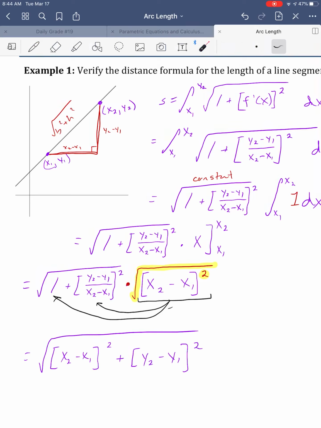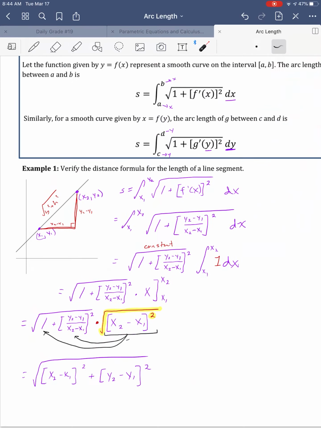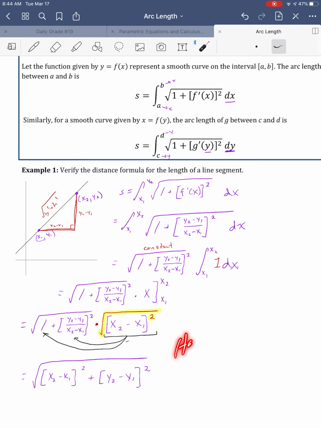So the next thing I did is distribute x2 minus x1 squared to both terms of this binomial. 1 times that product is just plain old x2 minus x1 quantity squared. And then when I multiply it here, the denominator goes away, and I'm left with y2 minus y1 squared, which is what we know as the distance formula.